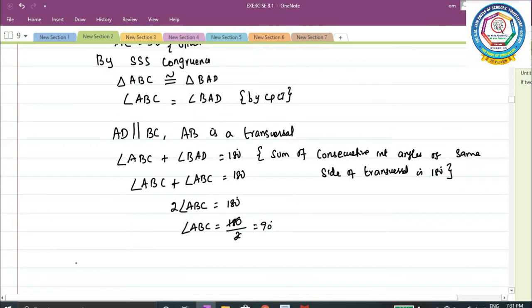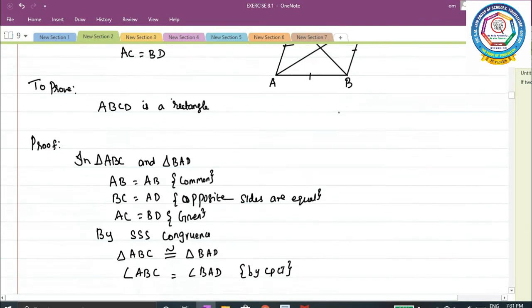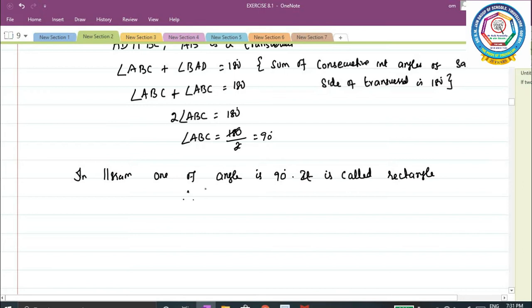It is called a rectangle. So already given ABCD is a parallelogram. We proved each angle is 90 degrees. Therefore, ABCD is a rectangle.